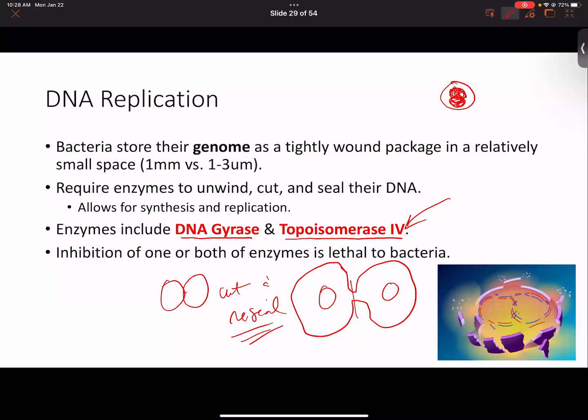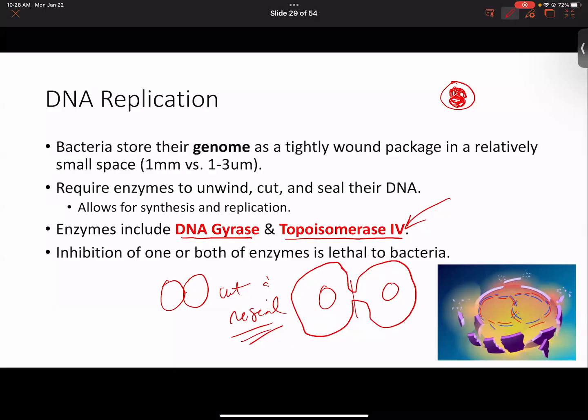Maybe, maybe not. Remember, gyrase needs to unwind and relax that DNA a little bit. Right? Topoisomerase 4 needs to cut and then reseal. If it doesn't cut, it can't separate. Okay? So by virtue of doing that, that might have an effect. But the real effect of drugs that inhibit gyrase and topo 4 comes from their ability to prevent the resealing activity of these respective enzymes.